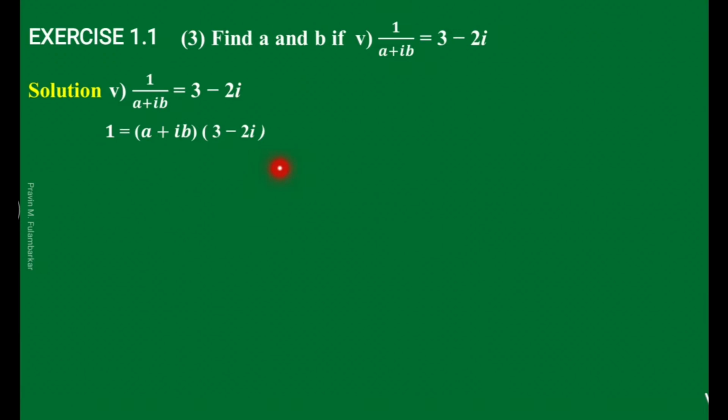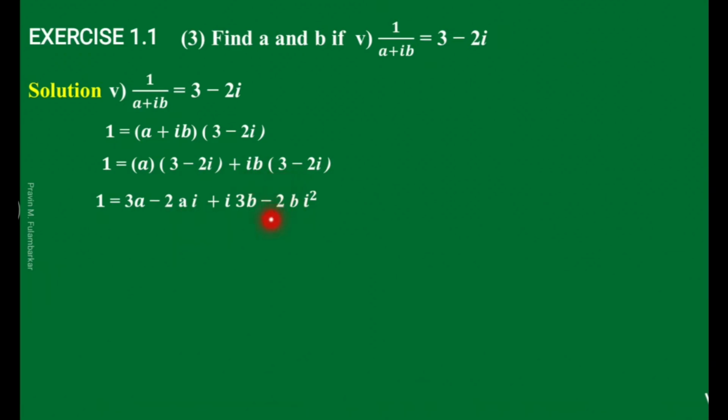So multiply these two brackets first. So we multiply by a to 3 minus 2i and ib to 3 minus 2i. So multiply by a to each term of first bracket. So we get here 3 into a as 3a, a into 2i, that is minus 2ai, multiply by ib.